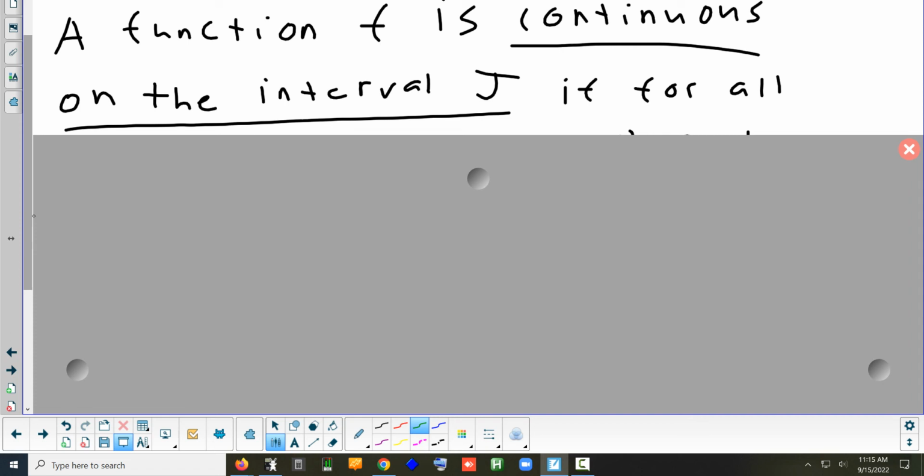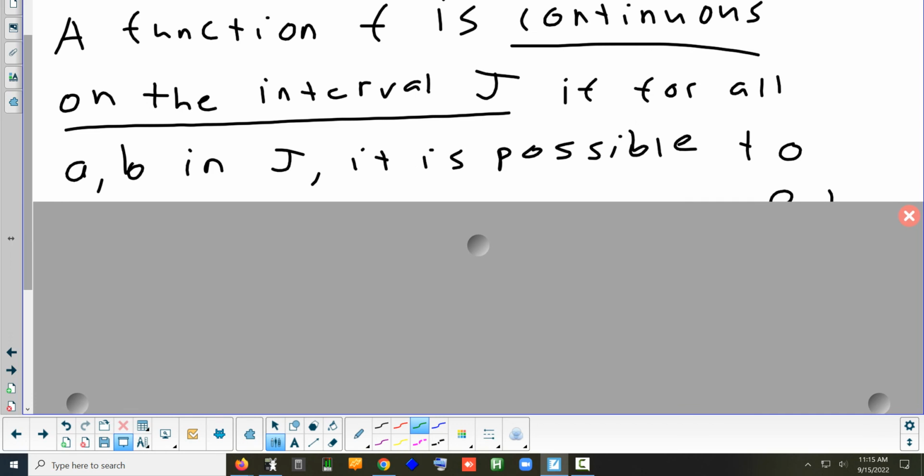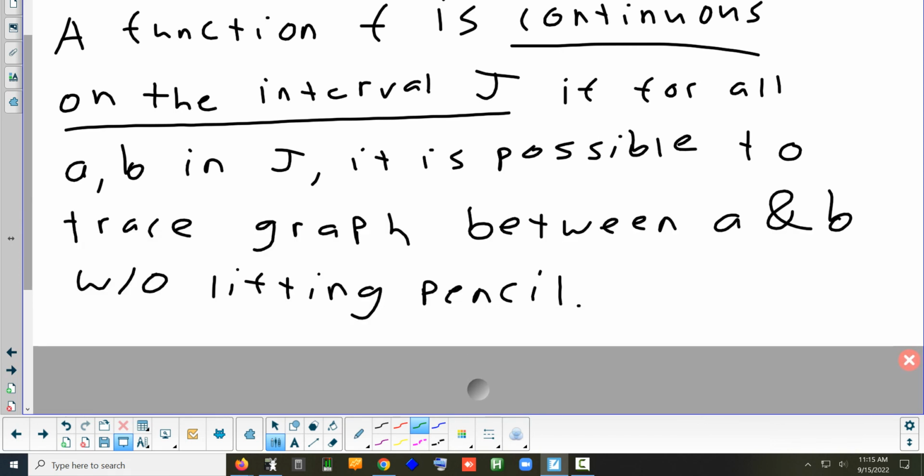So we say that a function is continuous over a certain interval if you could start anywhere and stop anywhere in that interval and trace the graph without lifting your pencil. Sometimes we're not asking whether the entire graph is continuous, but whether a certain section is continuous.